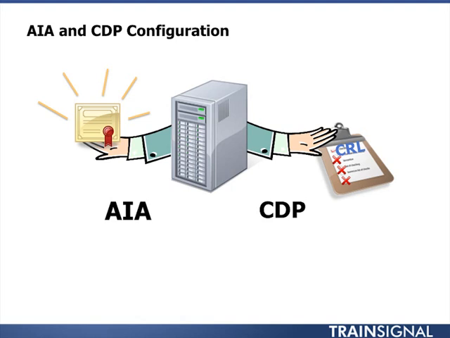The job of the AIA, the Authority Information Access extension, is to describe for a certificate where a place exists that someone validating that certificate can go to determine that the certificate associated with the CA itself has been updated.